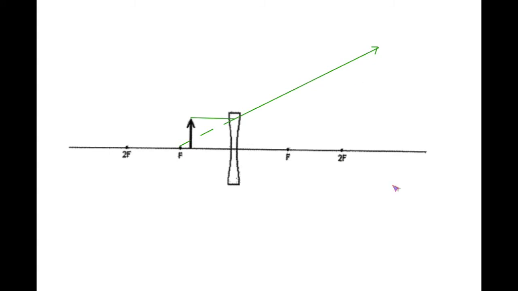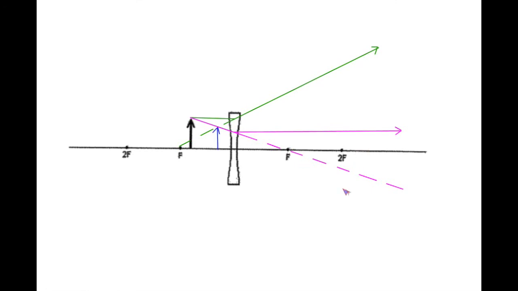Then I'm going to make another line that goes through the focal point on the other side. And then where it hits the center of the lens, I'm going to draw a horizontal line. I'm going to draw this one dotted because we really only need it to make sure we have the angle right. And then we can find our image where these two intersect.